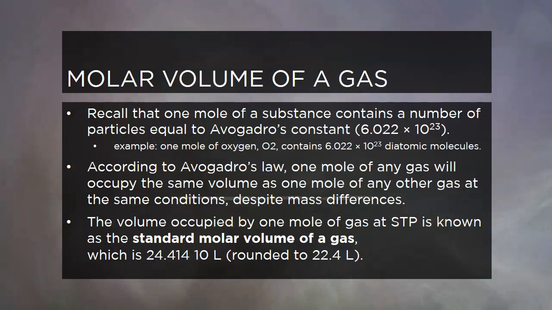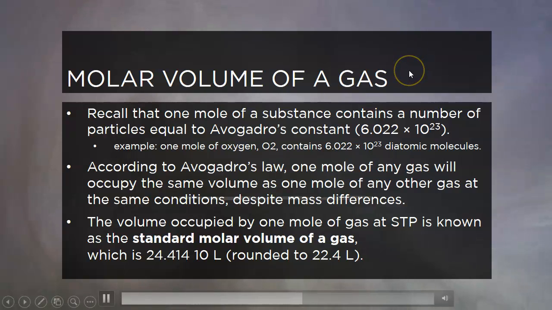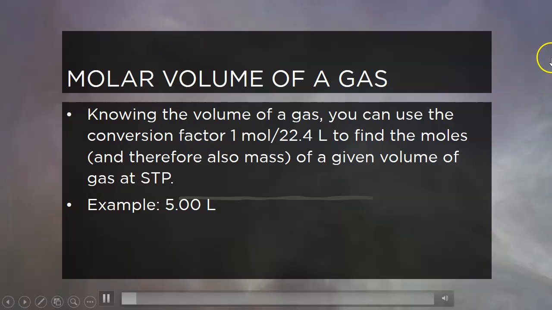So under those conditions, if I have a mole of gas, I instantly know that I have 22.4 liters of that gas, whether it's oxygen, carbon dioxide, or nitrogen. That works for any ideal gas. So knowing that, we should be able to convert liters to moles and moles to liters.